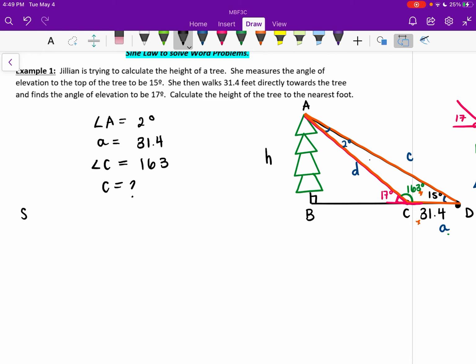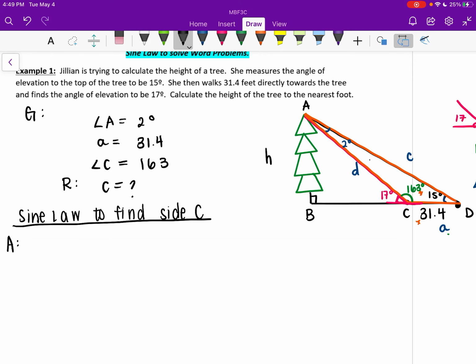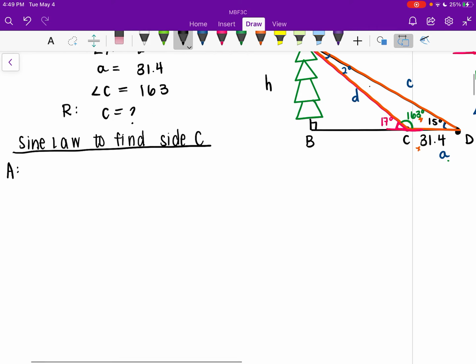So let's do that. I'm looking for a side, so I'm going to use sine law here to find side C. I'm just going to say this is my given, and my required is side C. You don't need to write this part, I'm just telling you what it is.